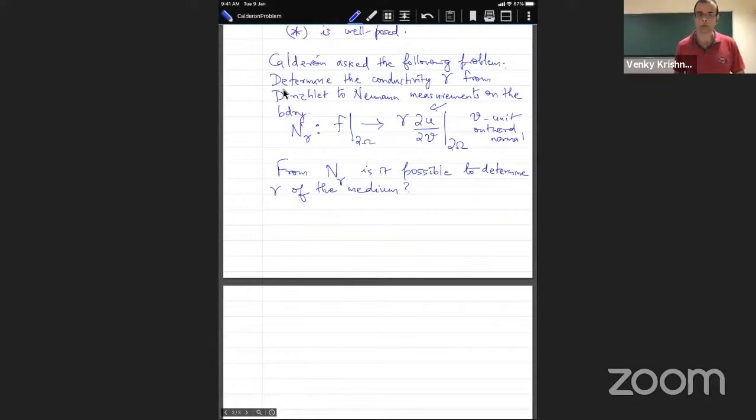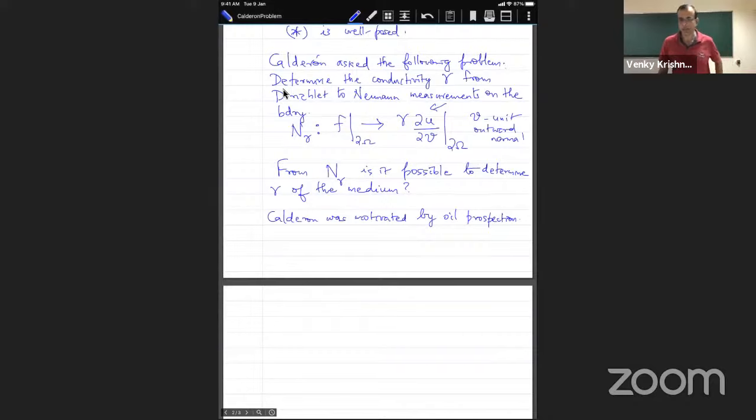So this is the original problem that Calderon asked, and Calderon was actually motivated by oil prospection. He was working as an engineer in his native Argentina, and he was motivated by using this question for determining oil in the subsurface based on boundary measurements.